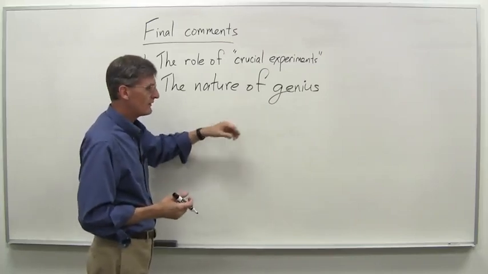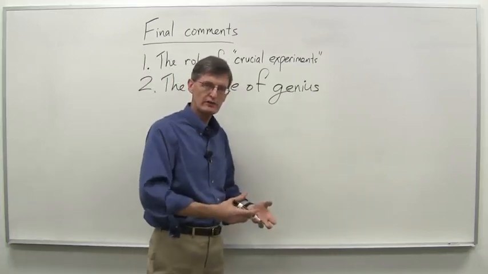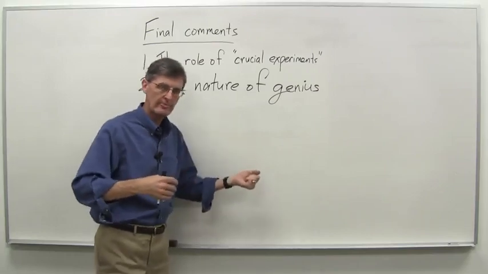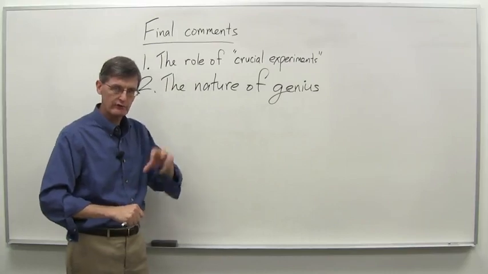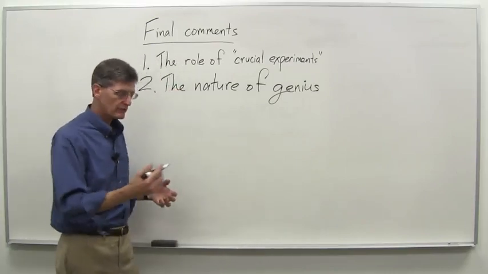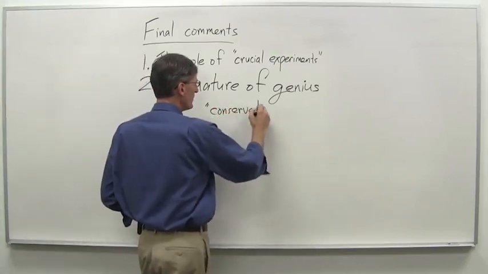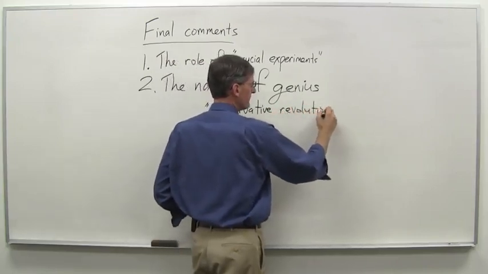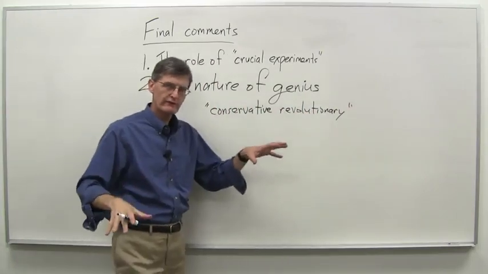And interesting enough, you can think of Einstein sort of, even though in a real way he was a revolutionary, he was at the beginning of the quantum revolution, as we've mentioned before. Clearly, the development of the theory of relativity was revolutionary, both the special theory and the general theory. And yet, in a sense, you could say he was a conservative revolutionary in some ways, because he sort of had one foot in each camp.